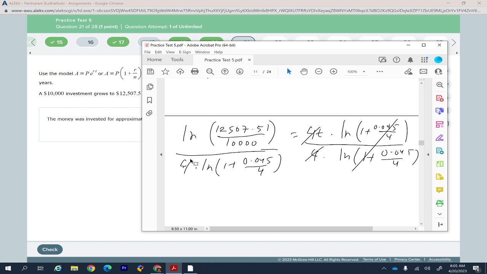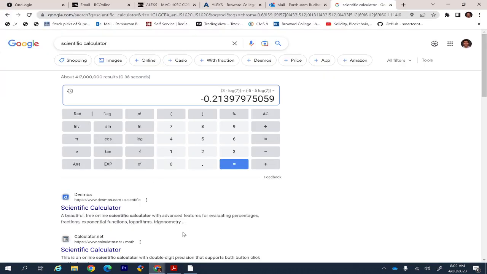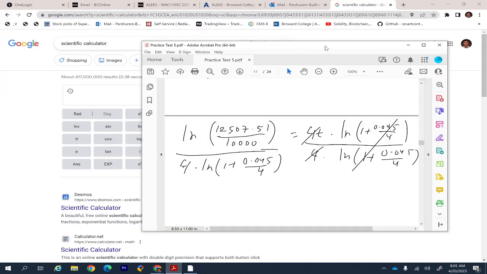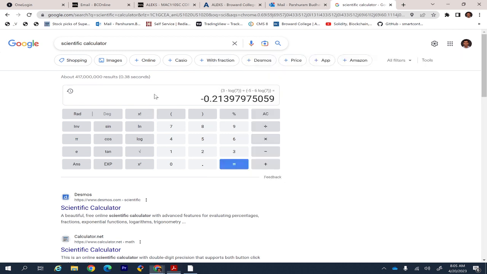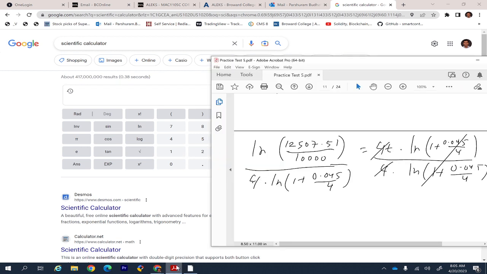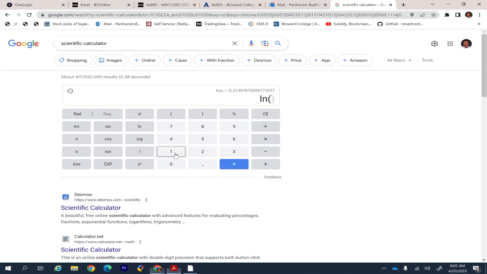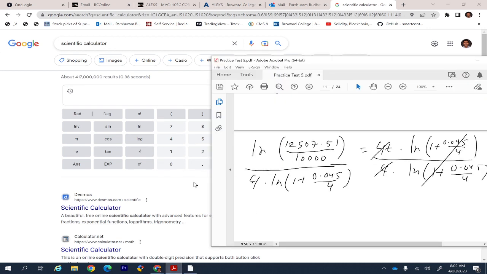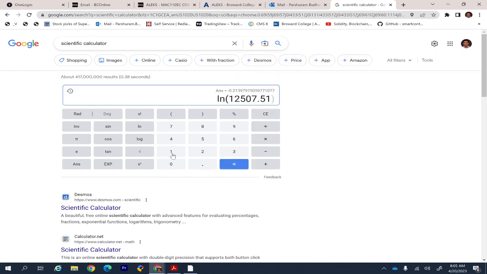Now I'm going to type everything on my calculator here. ln. Where is ln? Ln. What is the number? 12,507.51 divide.